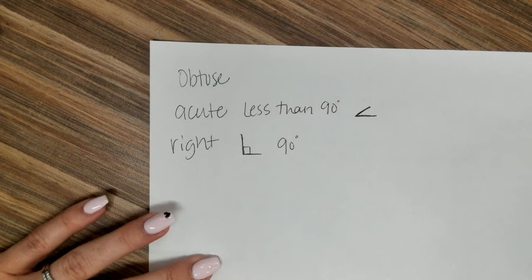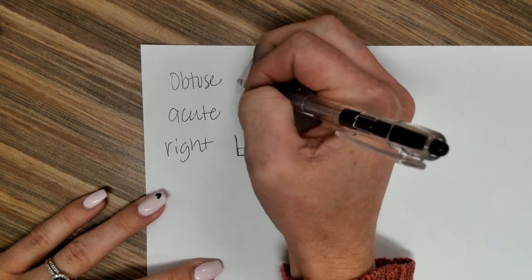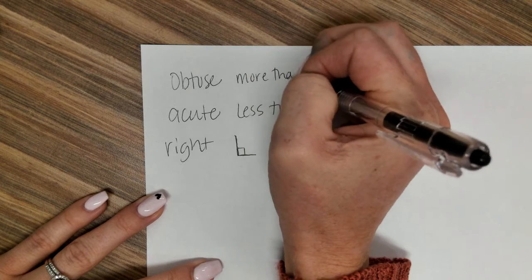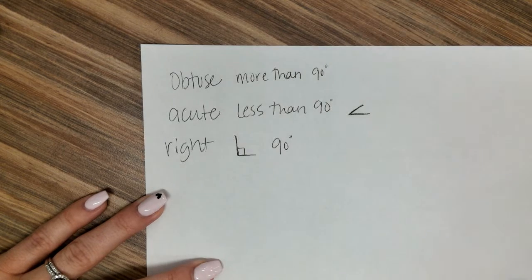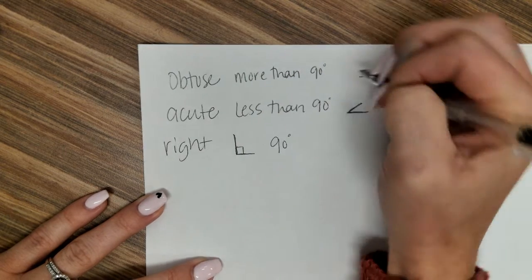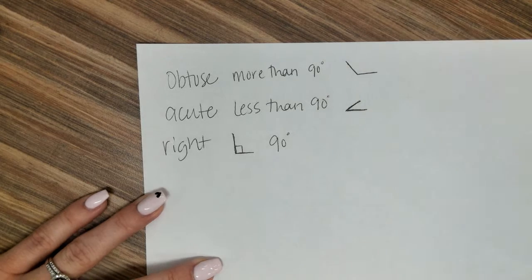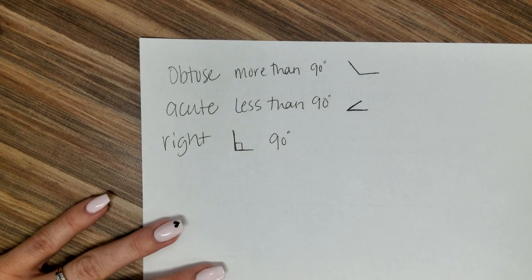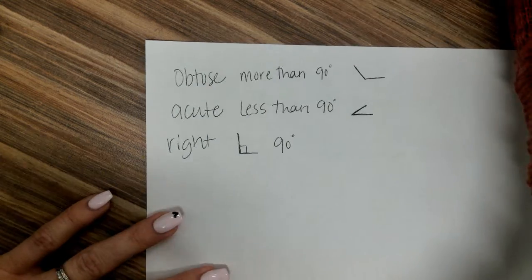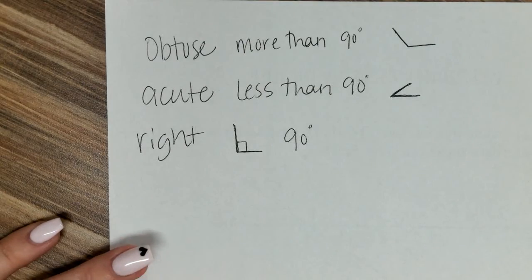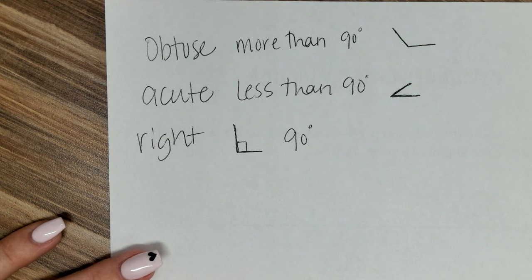What is an obtuse angle? More than 90. Anything more than 90, and it looks like that. The last thing you need to know is the measure of a straight line.